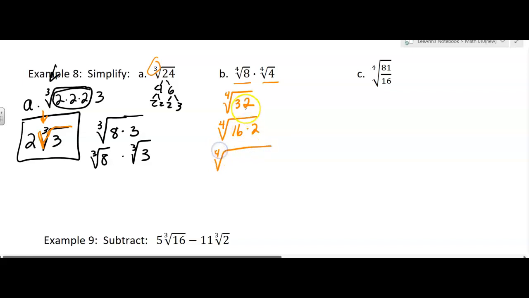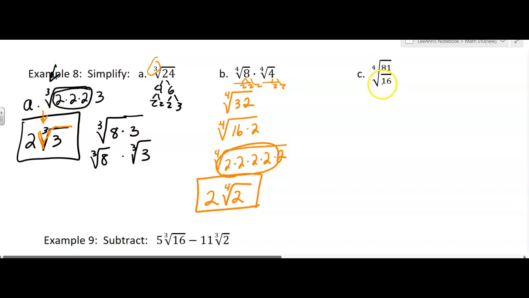Or I could break the 32 down into all its primes. Like I could have done it here and said 8 is 2 times 2 times 2, and 4 is 2 times 2. So there's like 5 2's. That's what 32 is. It's 5 2's being multiplied together. So you need a group of 4 to get one out, and the other one will have to stay inside. So that's how that simplifies.